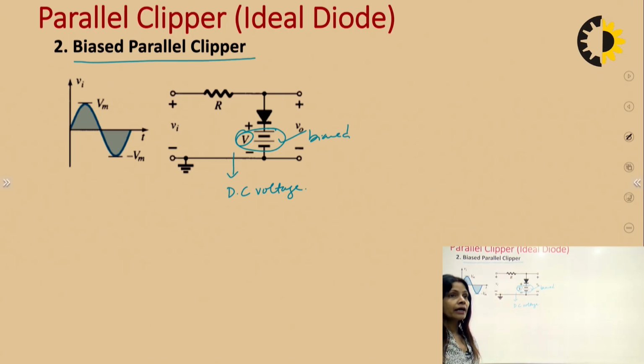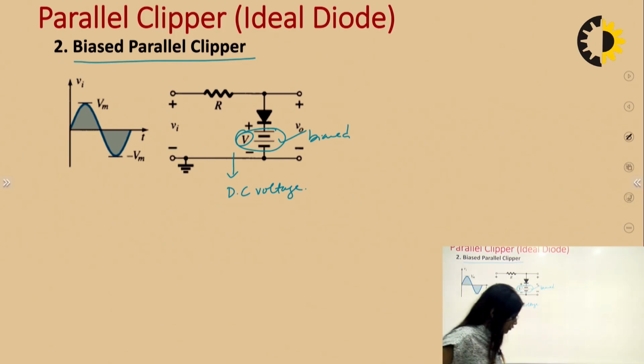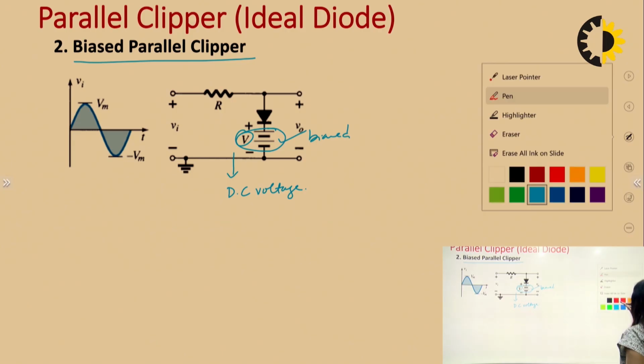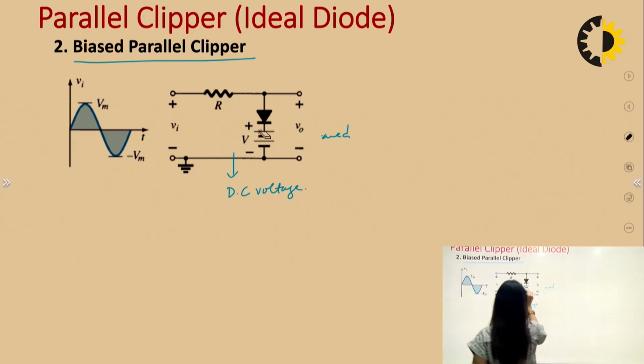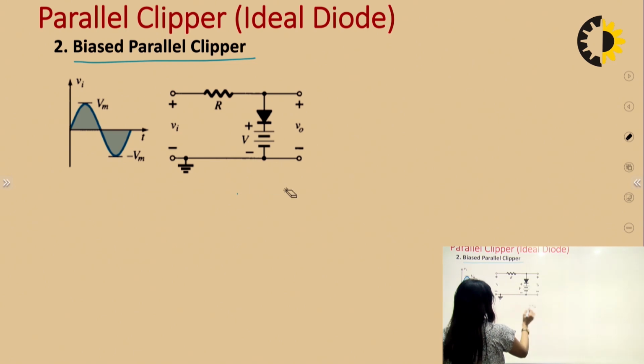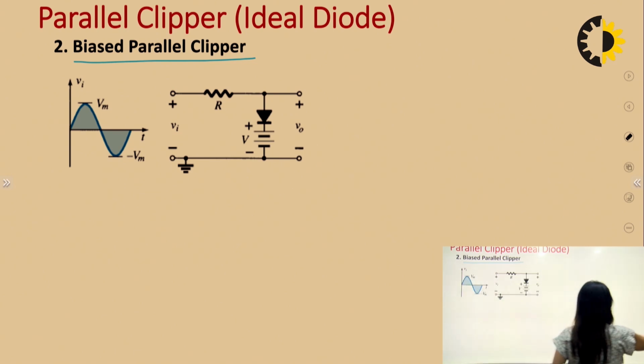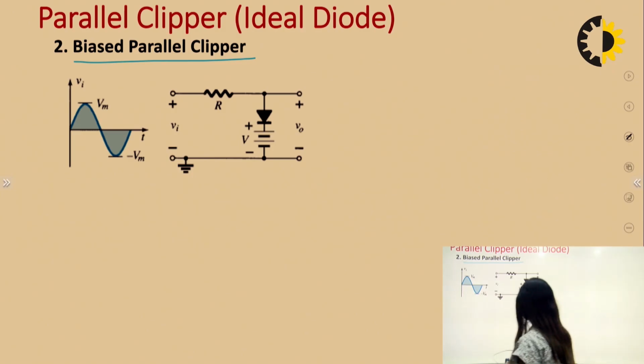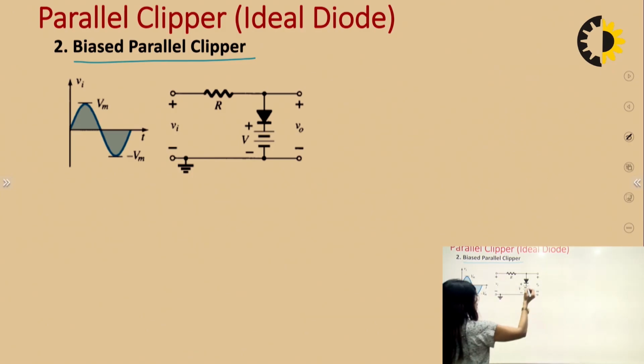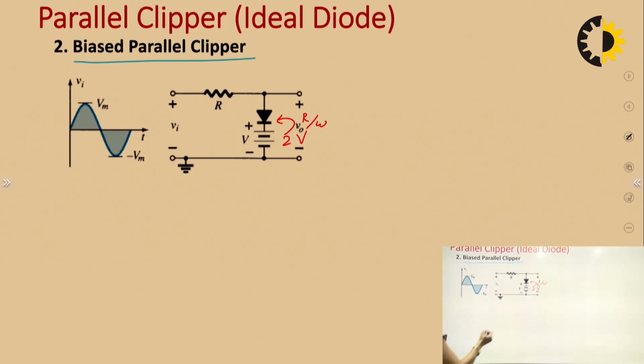Similarly, we can have such questions. Let's assume a few values and then solve the question. Let's say this is 2 volt. This is making it reverse, because the positive side is above and this end of the diode is downwards. So this battery is making this diode reverse.